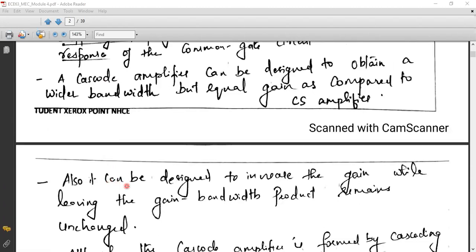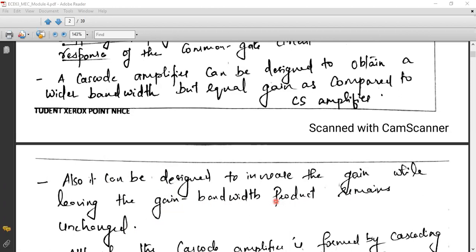Now, we will also be able to increase the gain while the gain-bandwidth product remains unchanged. That means by using some circuitry, we can maintain this property. The gain-bandwidth product will always remain constant for a cascode amplifier.